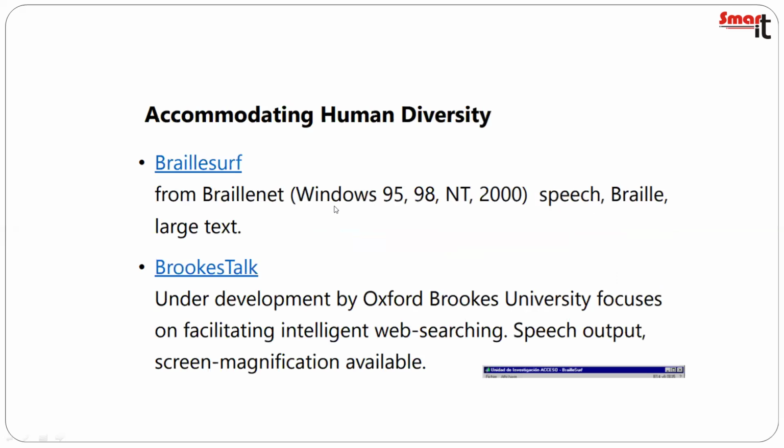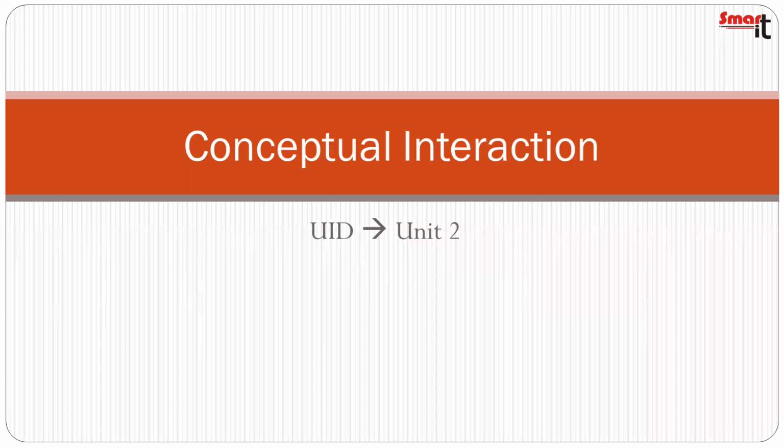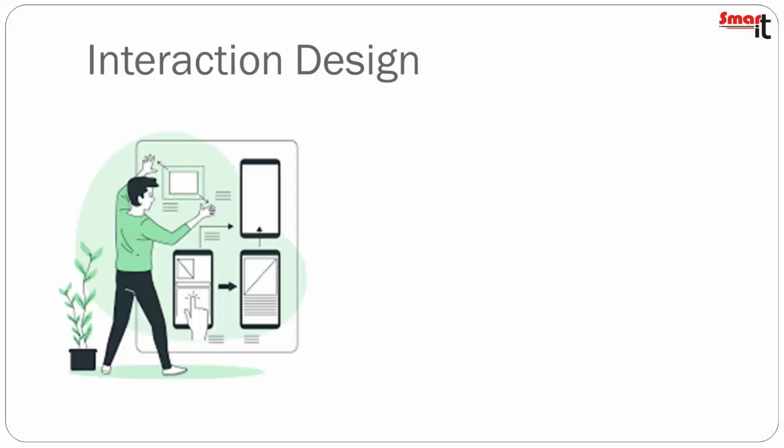EIAD also has some common rich features like simplified languages and touch screen. So those are some of the special browsers. That's the end of unit 1, and we are moving to the next unit, conceptual interaction.